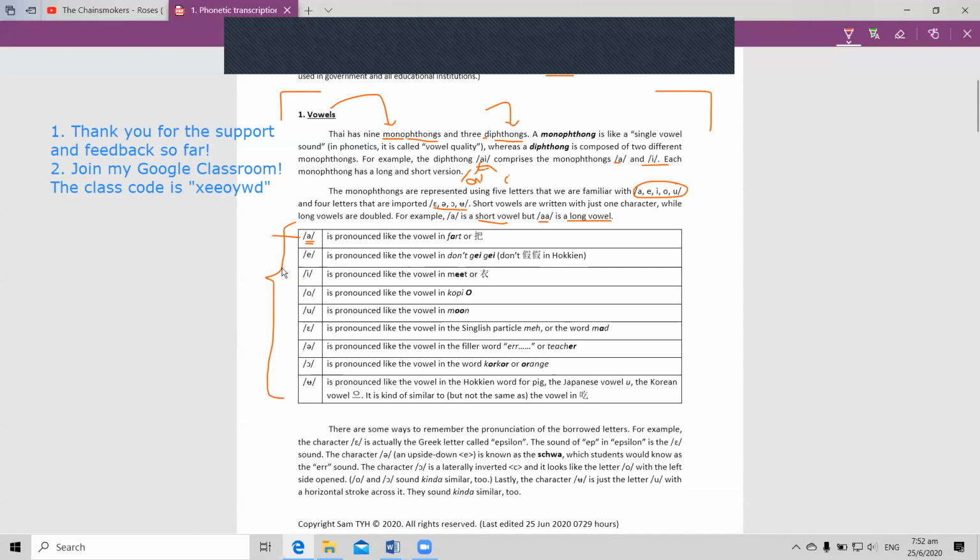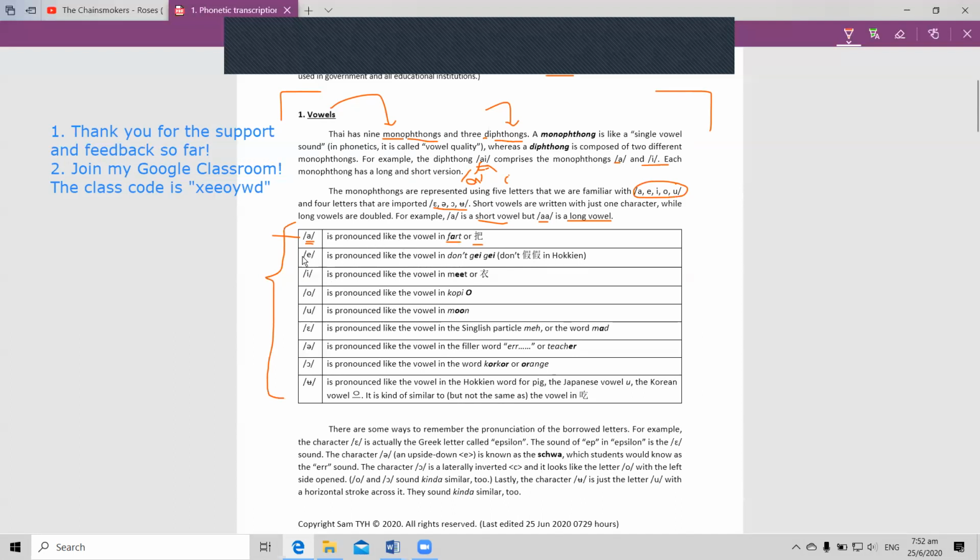So the first vowel is ah, like the vowel in the word fat, or the Mandarin word ba. The word ba uses the vowel ah, correct? So the first one is ah.